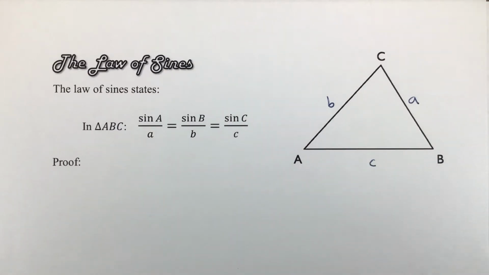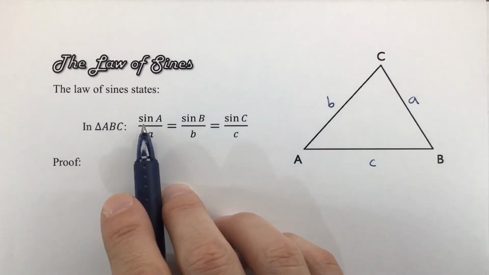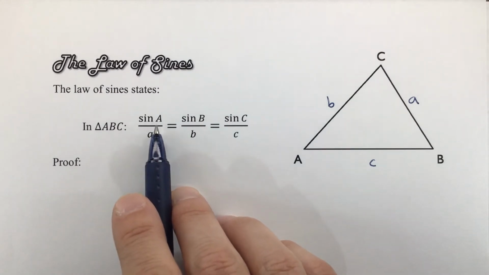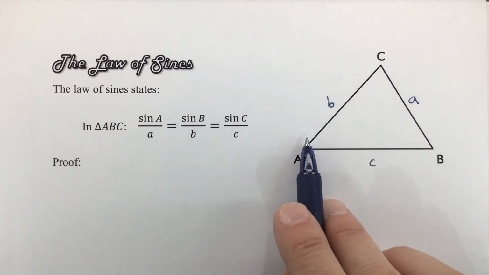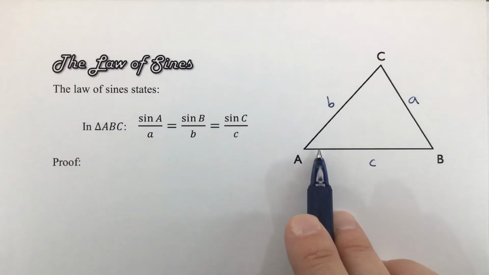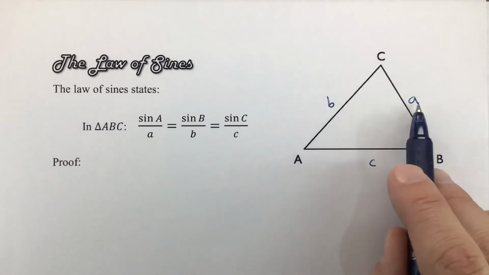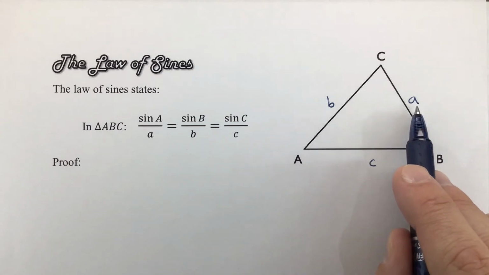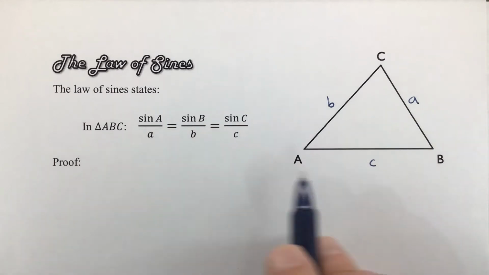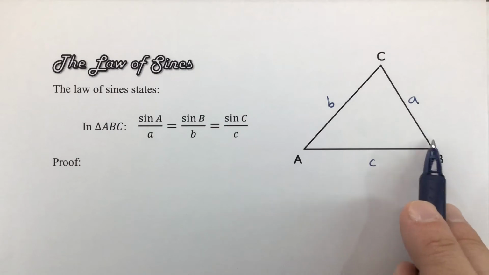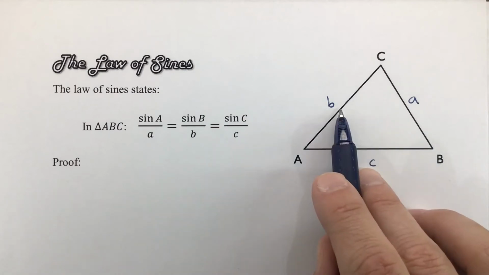Here's what the law of sines says, which is a really simple and almost convenient thing. It says that if we take the sine of any angle in the triangle, so if we took the sine of A, whatever that angle measurement is, and divide it by the side that is across from it, that quotient is going to be identical to taking the sine of another angle like B and dividing it by the side that's across from that one.